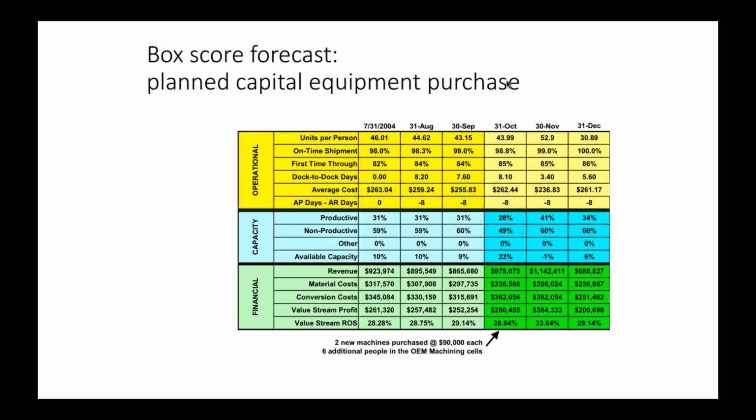So in this case, as opposed to buying more machines or hiring more people, which is permanent capacity, they decided that they would work some overtime to meet that shortfall in capacity just for the month of November.